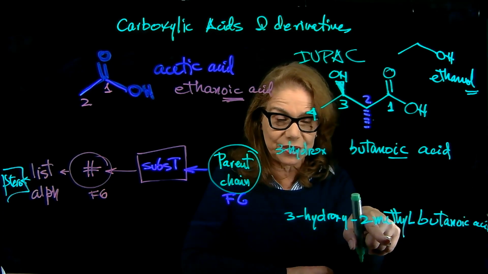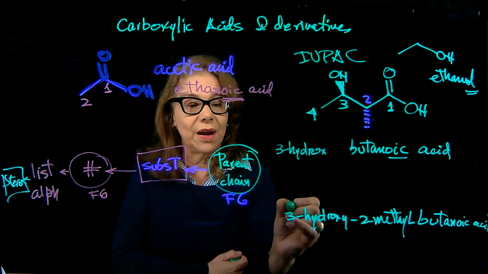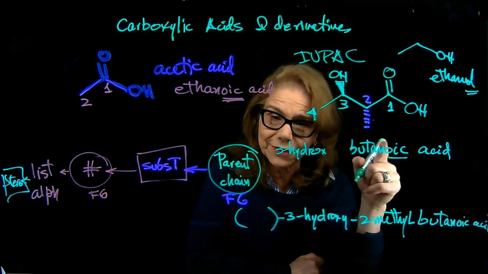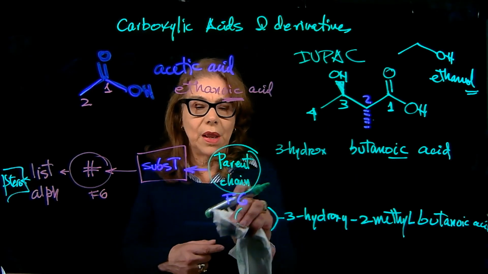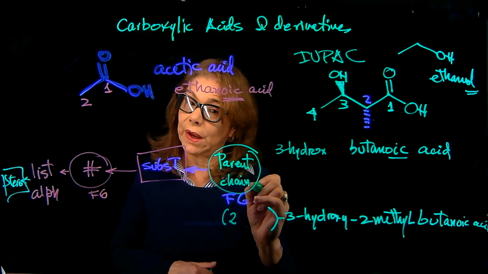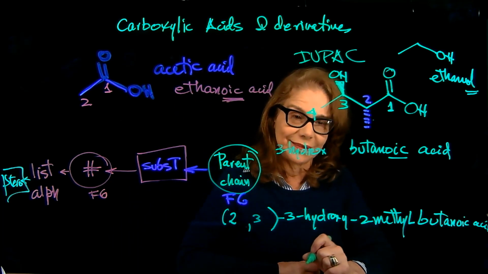These are my substituents, listed alphabetically. The numbers say where the substituents are. And lastly, I have 2 chiral centers, so now I need to list them. I'm going to say carbon number 2, and let's find out the configuration. Carbon number 3, and we're finding the configuration.